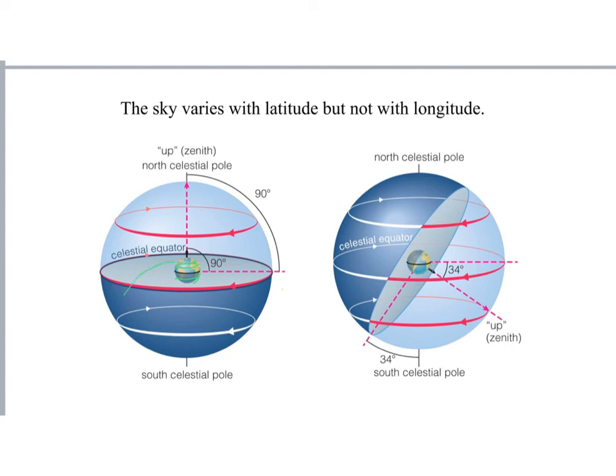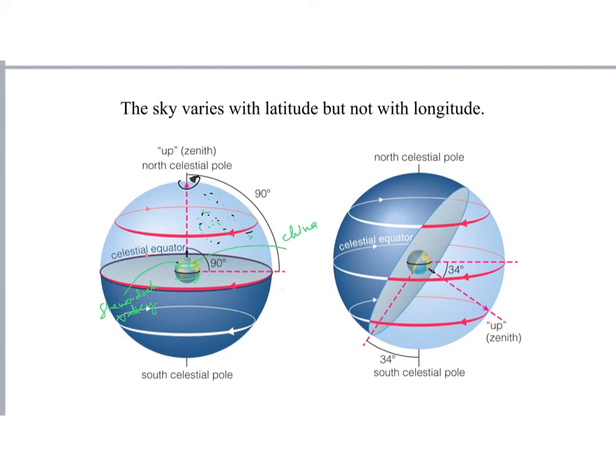Say this is the Shenandoah Valley, say JMU, and here is China. You're going to see the exact same pattern of stars, just 12 hours apart. Because the whole Earth turns around, and 12 hours later you're going to see above the Shenandoah Valley what you saw 12 hours before in China.